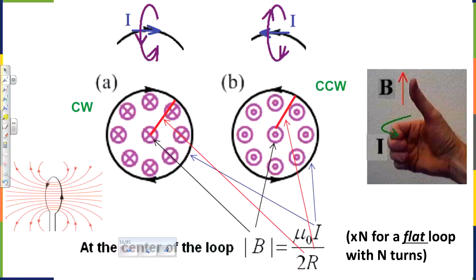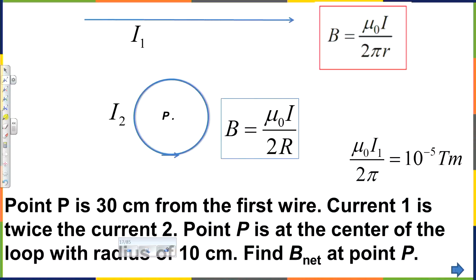So, if we want to calculate the magnetic field generated by the loop, we can do it only at the center. It changes. It's not uniform. But right here, we just have to apply this equation. And you can see the difference between an equation for the loop and for the straight wire. For the straight wire, we have a pi.